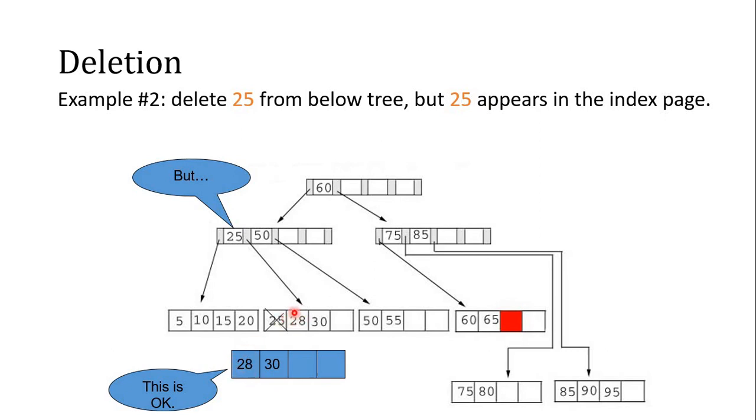So 25 will be replaced by 28, and if we replace it with 28 here, then 28 and 30 are on the right side. It will contain the equal or higher values of this node, and the other values which are left of 28 will be lesser than 28. So it is maintaining the rule.